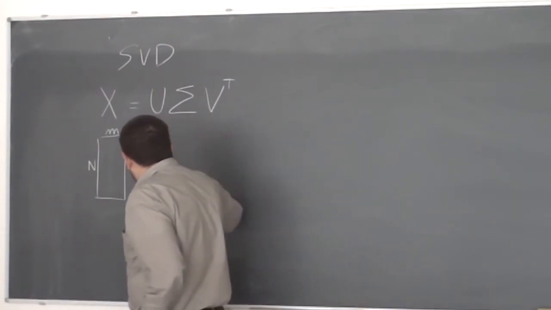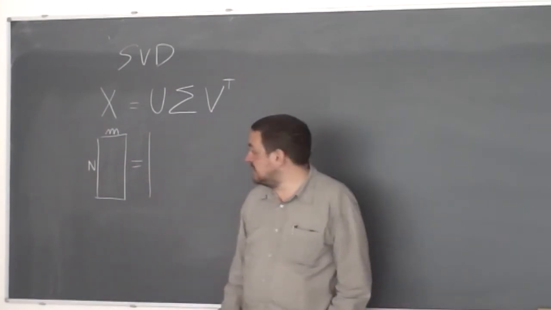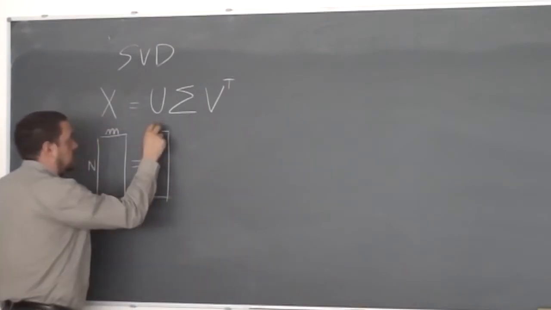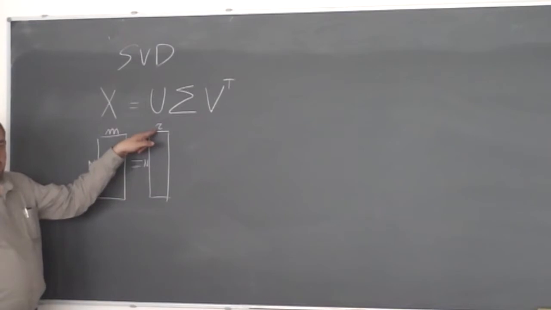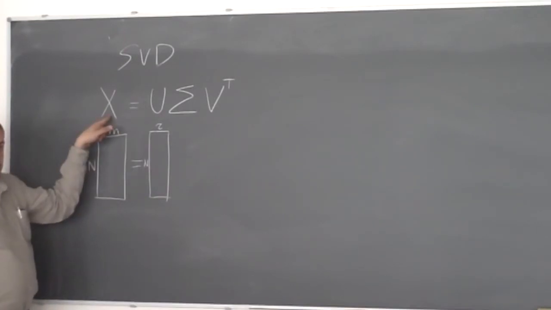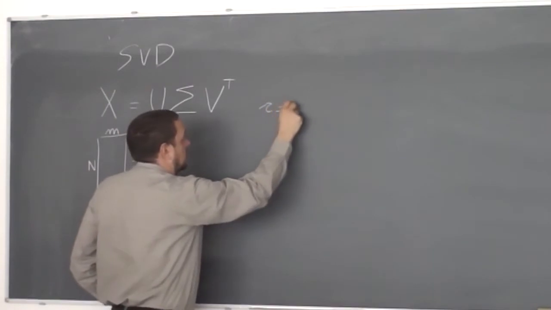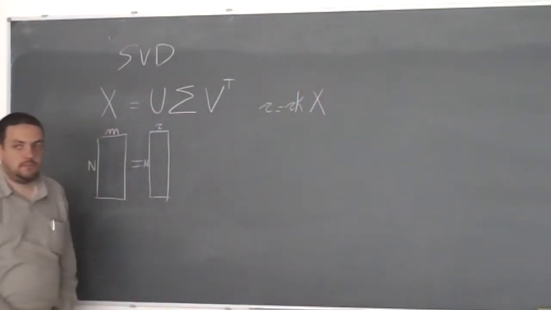So, of course, U is going to have the same number of rows as the matrix and a number of columns equal to the rank R of the matrix. So we define R as the rank of matrix X.